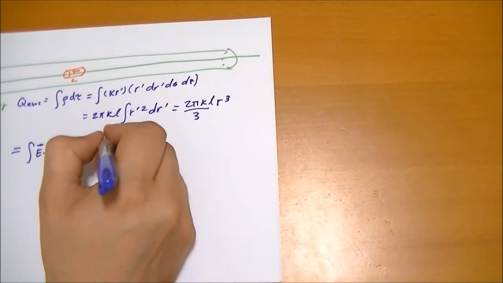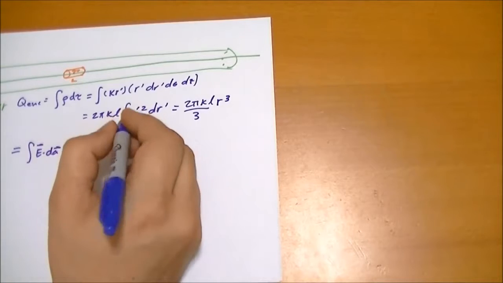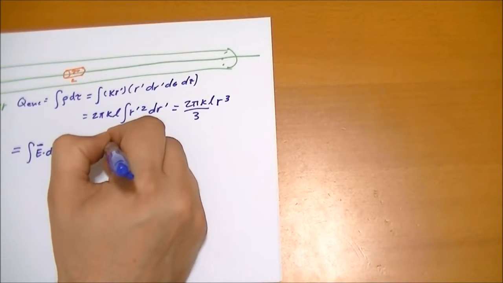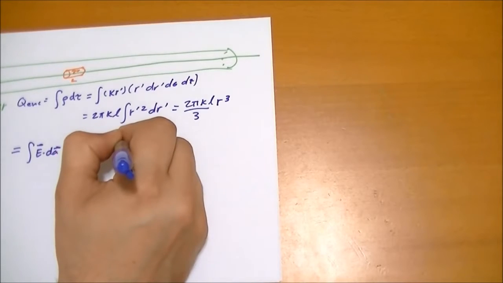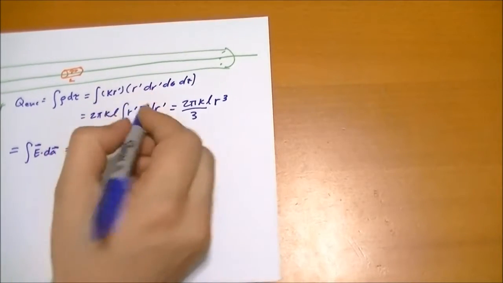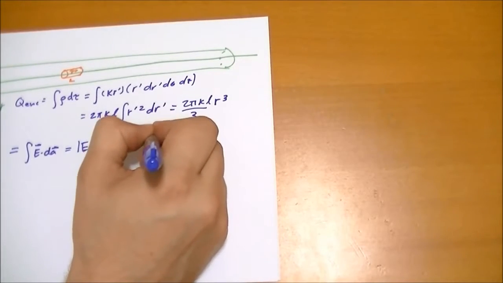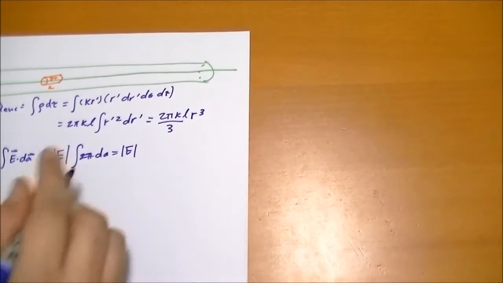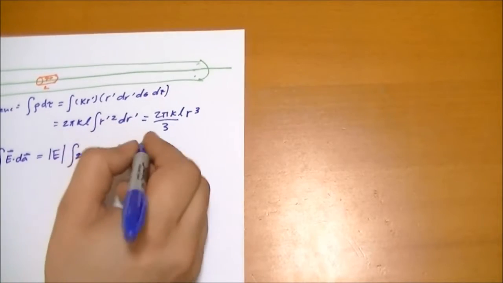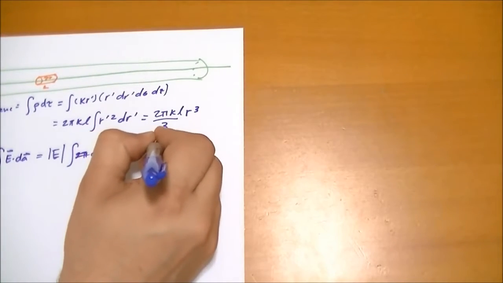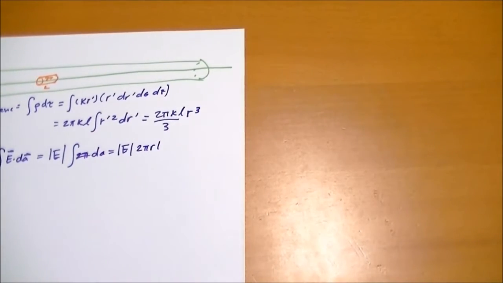And the integral for this one is going to be, we're using the same dA that we used before, so we get basically the magnitude of E times 2 pi rL, which is the total flux.